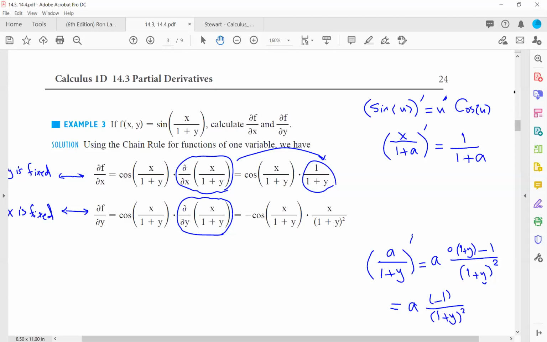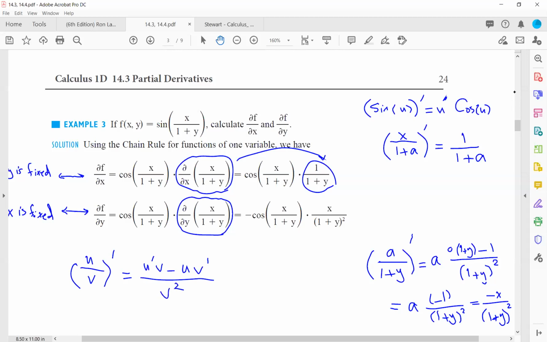Your a is x, so you have minus x divided by 1 plus y squared. Applying the quotient rule. Let me write down the quotient rule here for you. u over v, prime, is u prime v minus u v prime, divided by v squared.